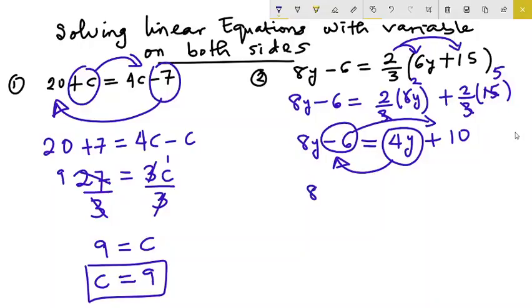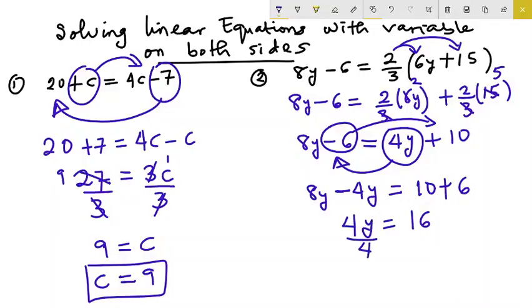So we have 8y minus 4y. Whenever you just have 4y, it's going to be positive, so when you move it to the other side of the equal sign, it's going to become negative 4y. And the 6 moves over: 10 plus 6. So 4y equals 16.